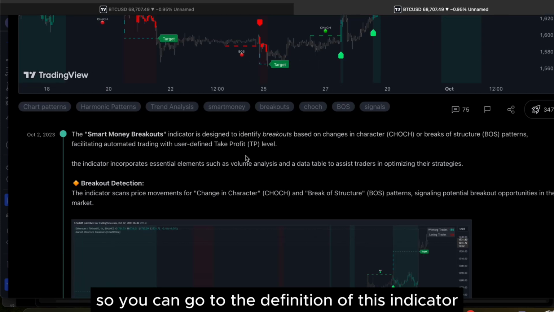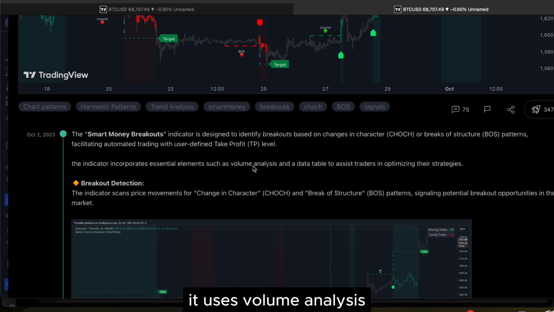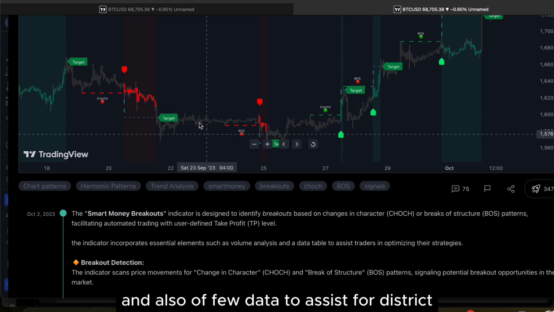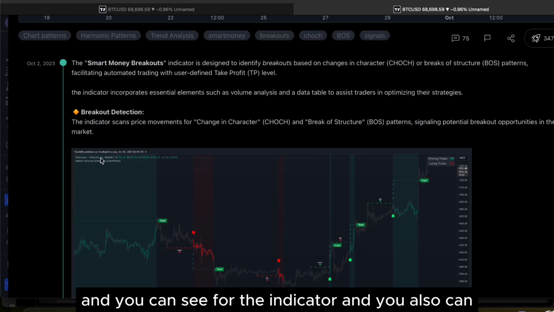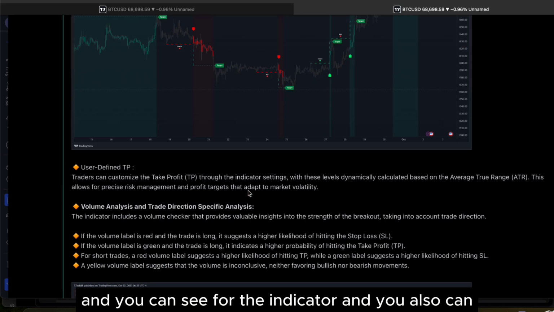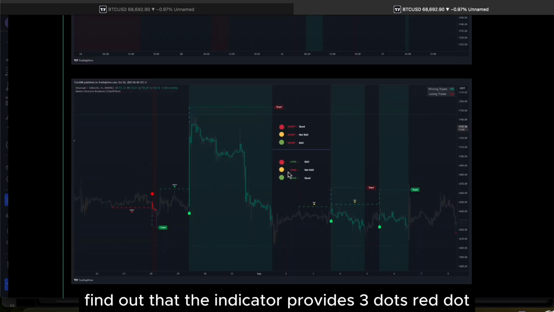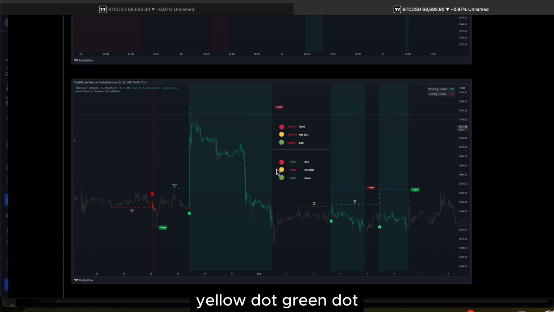So you can go through the definition of this indicator. It uses volume analysis and a few other data to assist with the trade. You can also find that the indicator provides three dots: red dot, yellow dot, green dot.